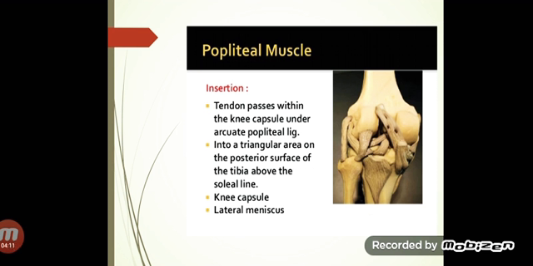Popliteus muscle insertion: the tendon passes within the knee capsule under the arcuate popliteal ligament into a triangular area on the posterior surface of the tibia above the soleal line. Knee capsule and lateral meniscus.